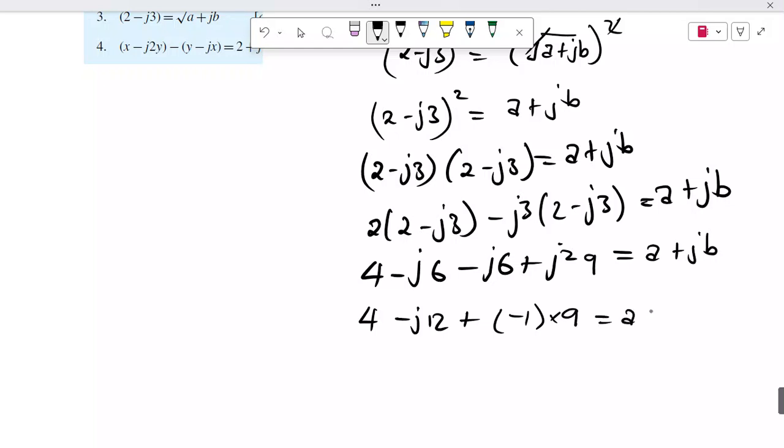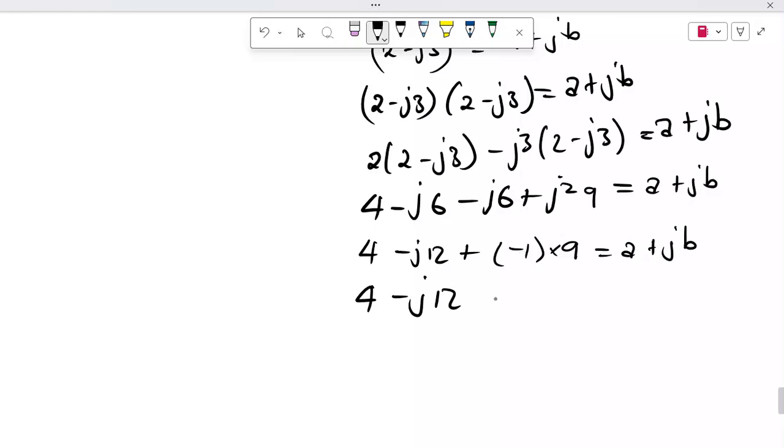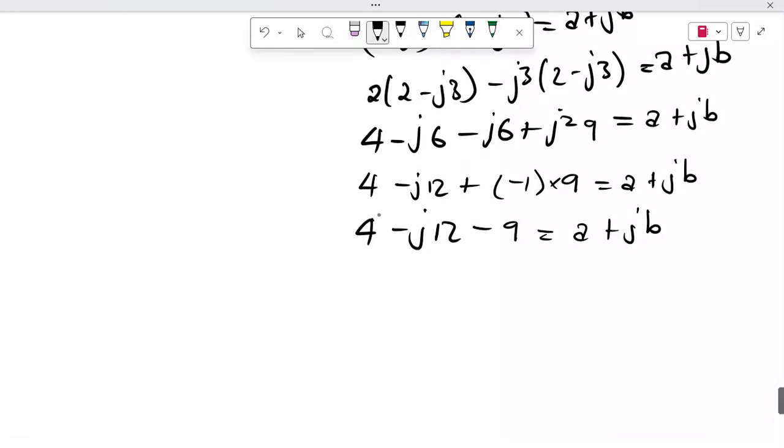So you have 4 minus j12, negative by positive is negative, minus 9 equal to a plus jb. Now you can combine the numbers: 4 minus 9 is negative 5, equals a plus jb.